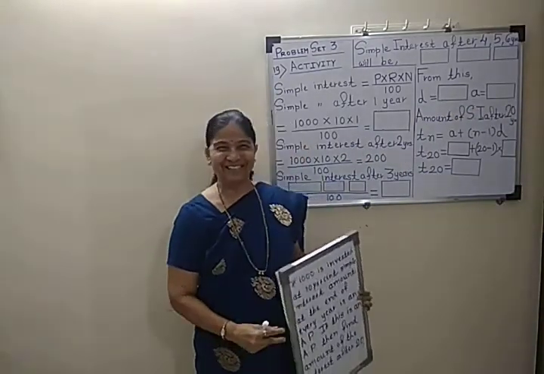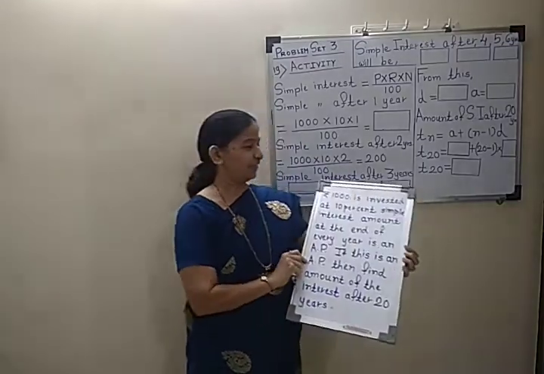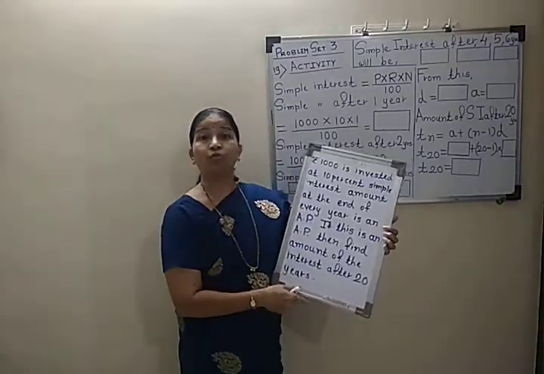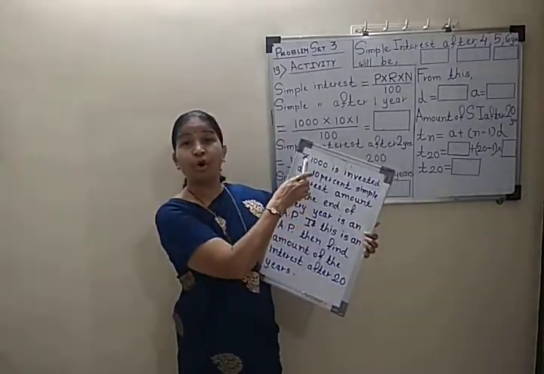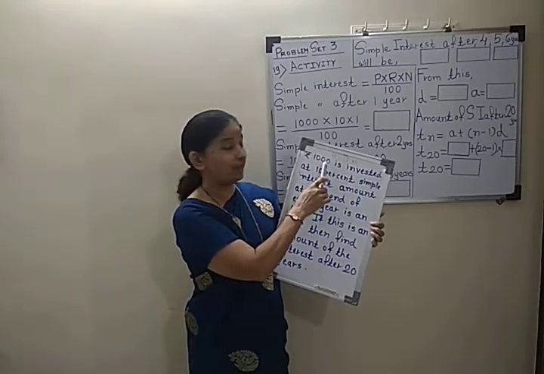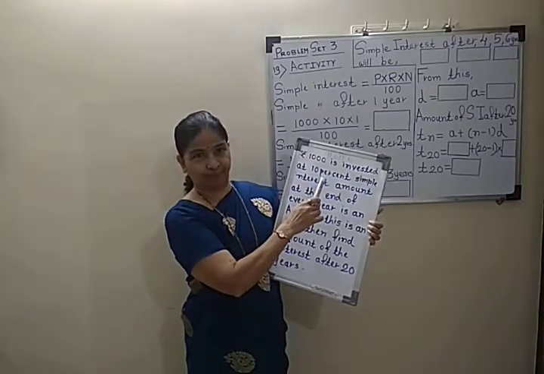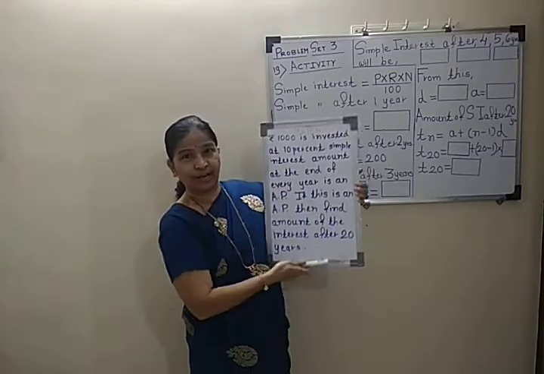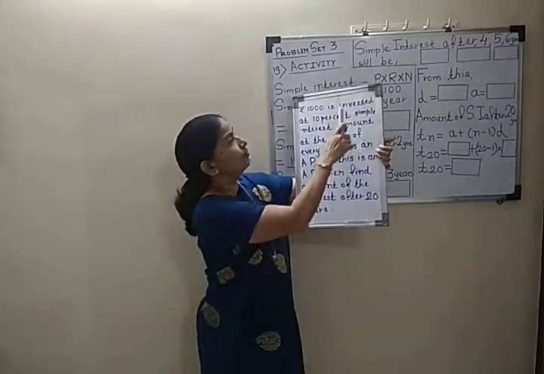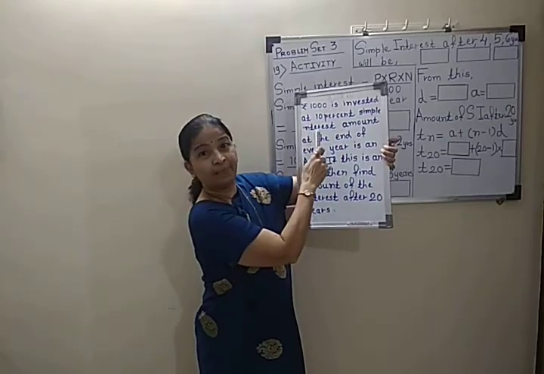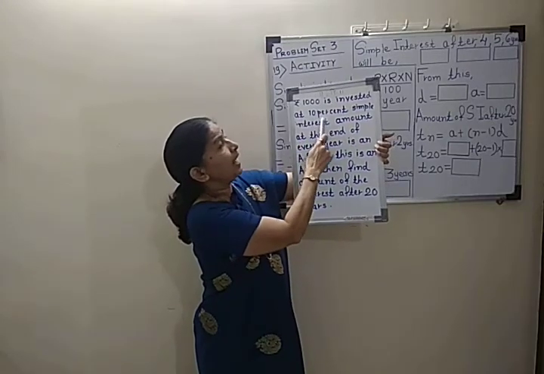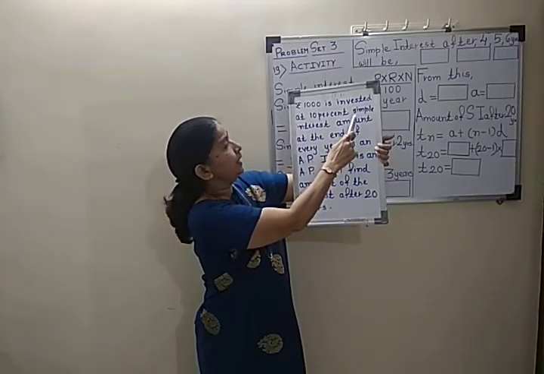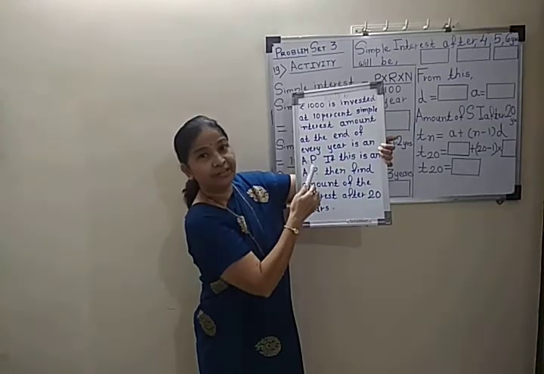Good morning. In problem set 3, in the 13th example, they have given you the activity that rupees 1000 is invested at 10% simple interest.